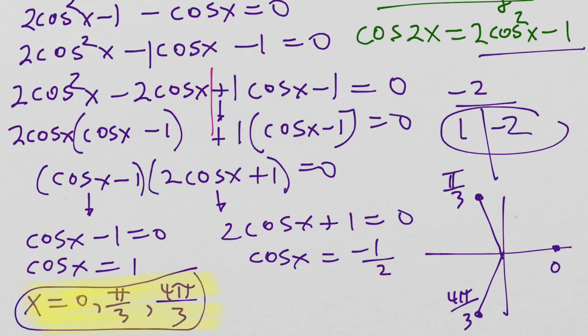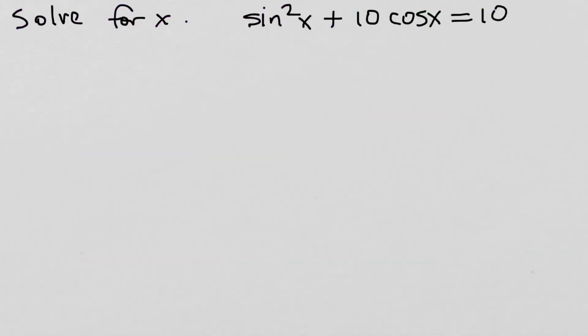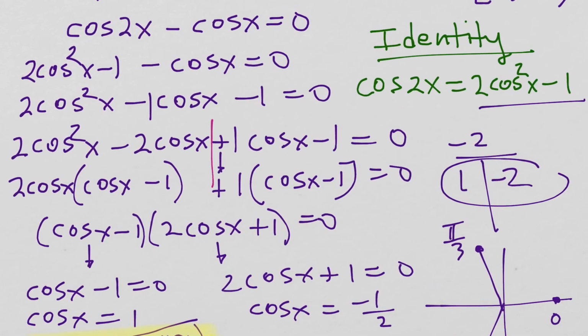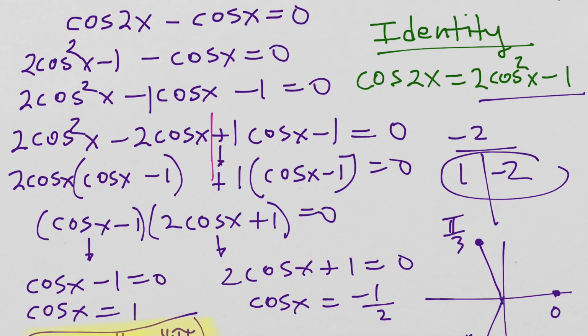So to recap, if you've got a problem to solve and it's not immediately evident how it's going to happen, you want to try to see if you can get it into a form that's factorable. Sometimes you need to make a substitution using an identity. All right, so this one was a little bit more than you guys have been exposed to now, so it probably should have been in another section, but I noticed it was in this section.